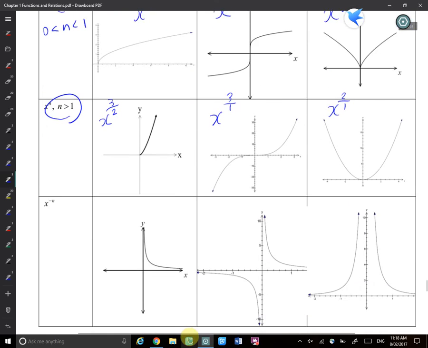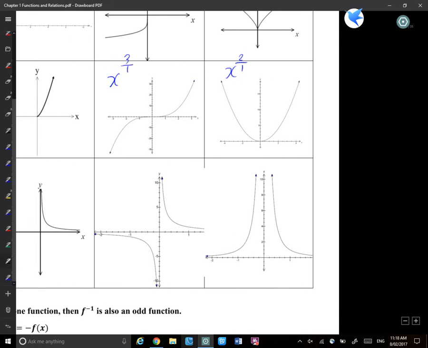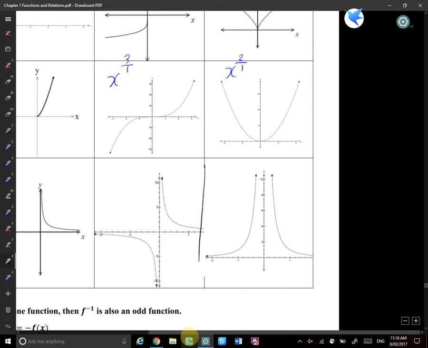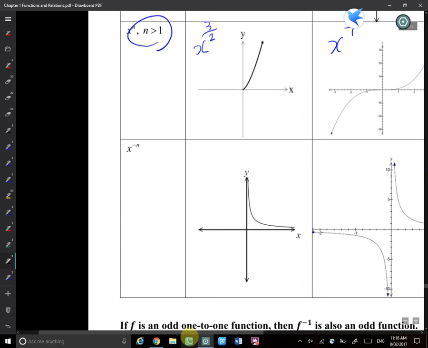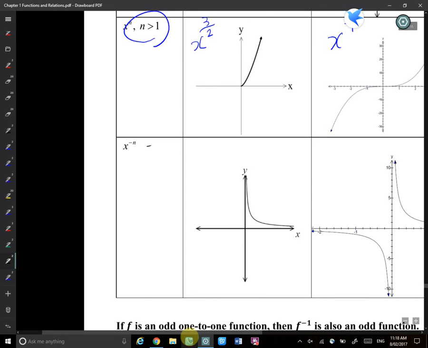The next one is a little bit hard to think about, but let's try. We still have x to the power of negative n, and n is still p on q. Let's say that's x to the power of negative p on q.